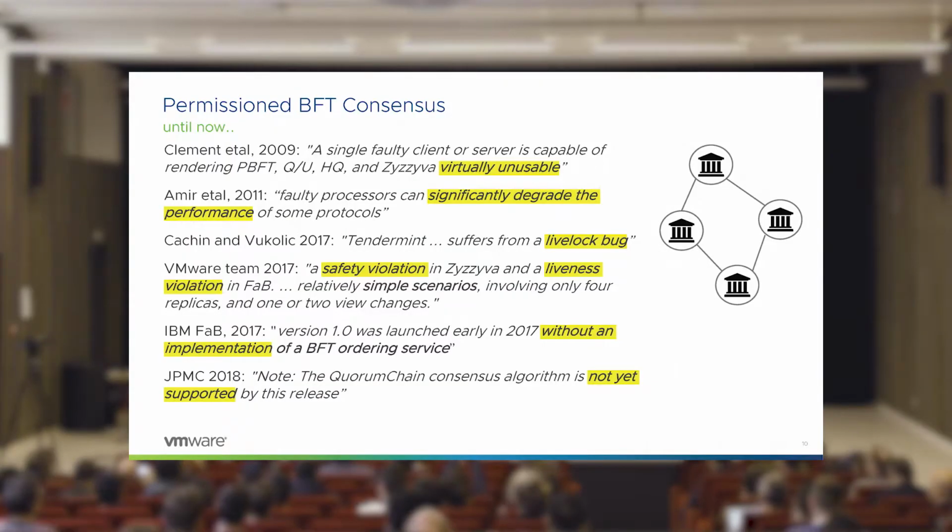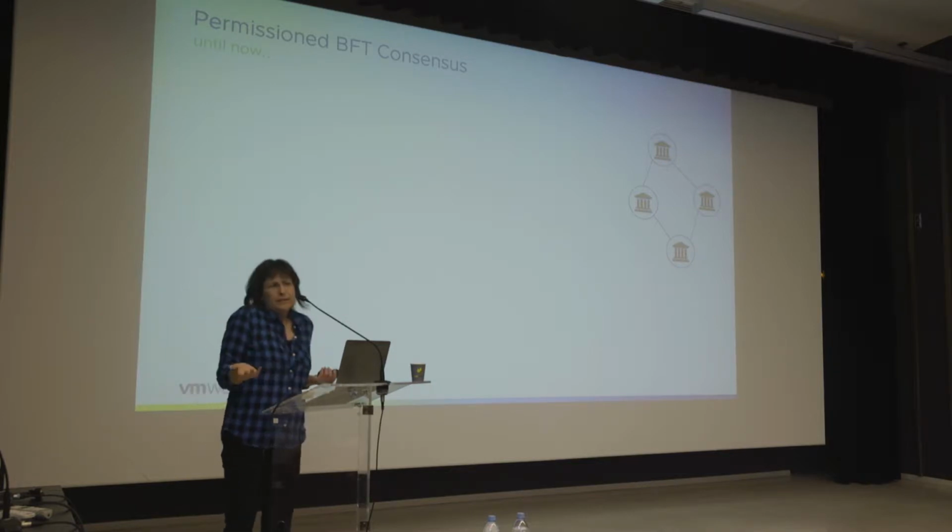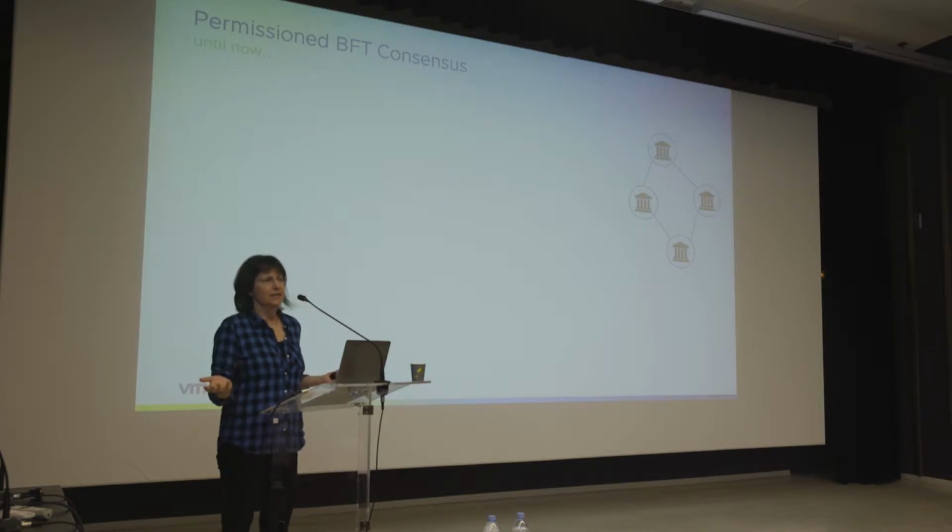And again, the model is the classical model where we know who is participating. We know who they are. They're admitted to the system by permission, but they simply don't want any single one of them to be trusted, only the group.